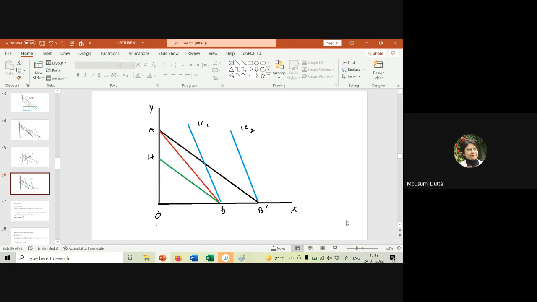Now you have to check everything properly and do all the cases for increase in price, etc. In this case also you can extend the model considering Px by Py greater than MUx by MUy. In that case, the ICs will be flatter than the budget line, so equilibrium takes place at A rather than B. That case also you can do. You may try.